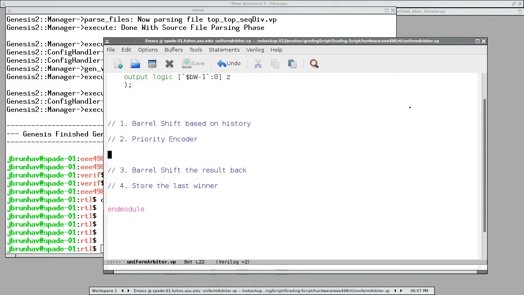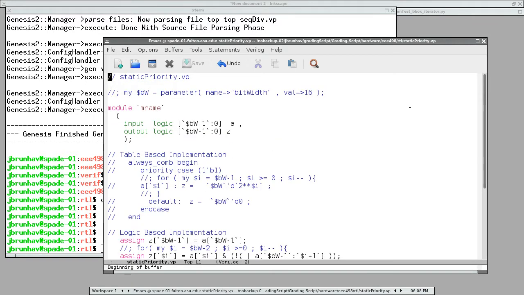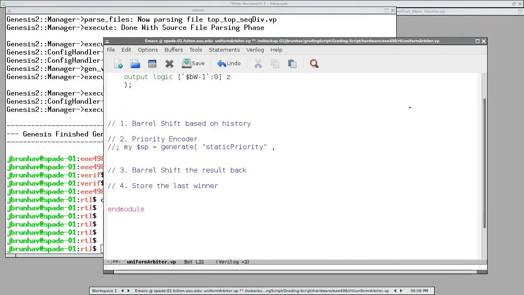Yeah, close enough. So we want to instantiate our module from before. So my static priority is generate static priority. And then the parameter that determines the bit width is just bit width. So we would write bit width less than equals $BW.